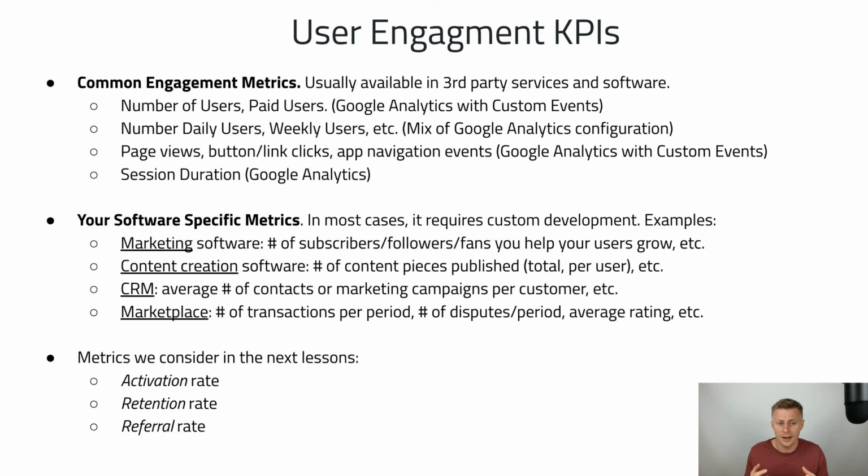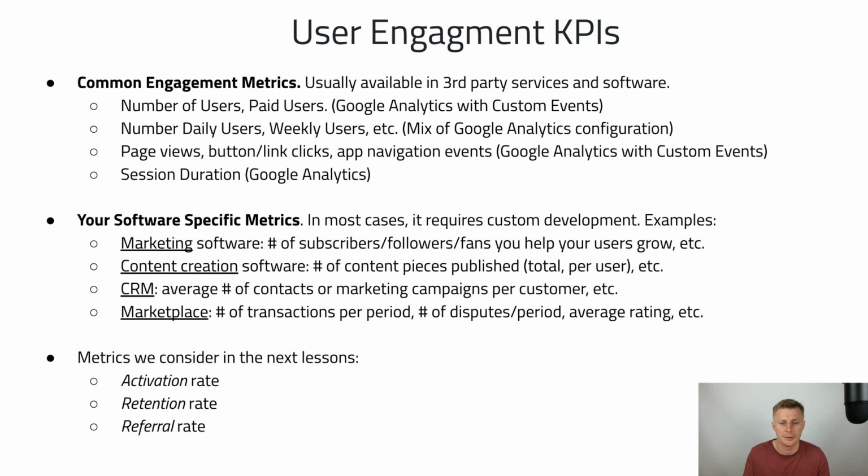So anything that helps you see how often and for how long your users utilize your software. And free services like Google Analytics can help you track most of these metrics. In some cases, you might need to ask the developer to add some custom event tracking snippets, but it does not require custom programming.